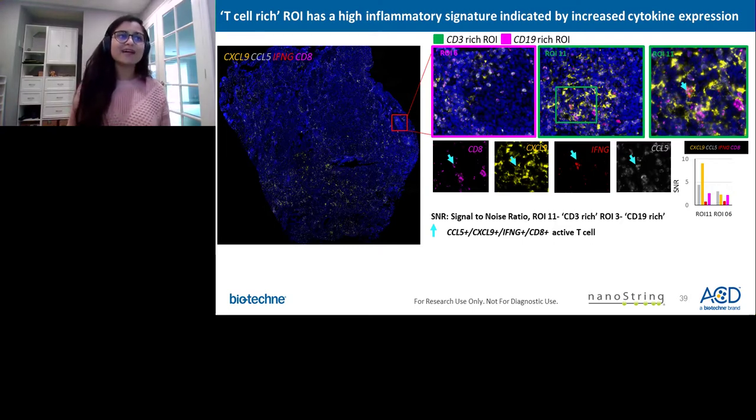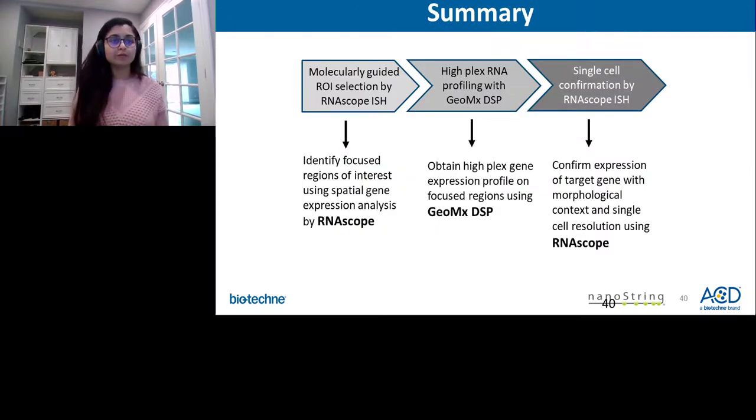So in summary, using RNAscope, we were able to identify specific regions of interest. Using GeoMx DSP, we were able to profile these regions of interest. And then finally, after identifying key targets, we could perform RNAscope again to visualize these targets with morphological and single cell resolution.